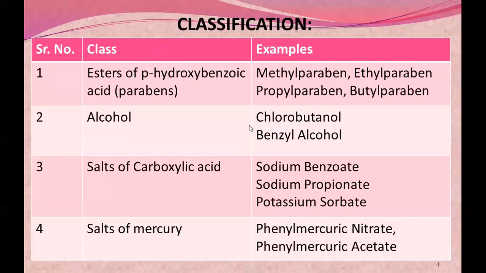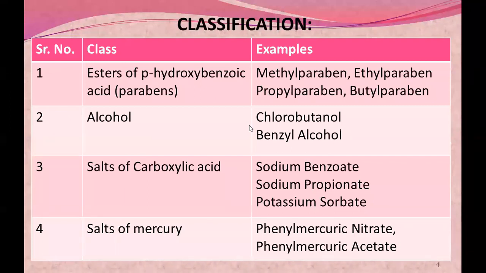the class that are commonly called parabens, as the hydroxyl group is at para position. Examples are methyl paraben, ethyl paraben, propyl paraben, butyl paraben. So now if you see the name, it will be very easy for you to memorize the structure.